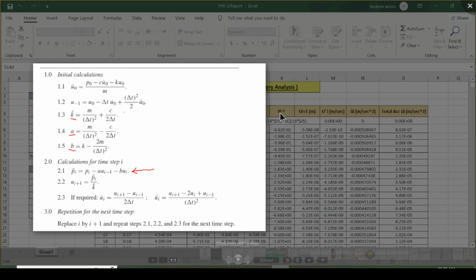Formula: we will calculate P i apostrophe, the axial force constant, as P i, the normal axial force, minus constant A times U i minus 1, which is the displacement for the negative or downside, minus constant B multiplied by the normal displacement, which I have explained. By applying all the values in this formula, we will have the force constant here. Okay, you can just remember this.